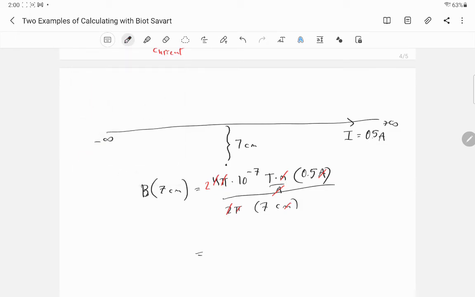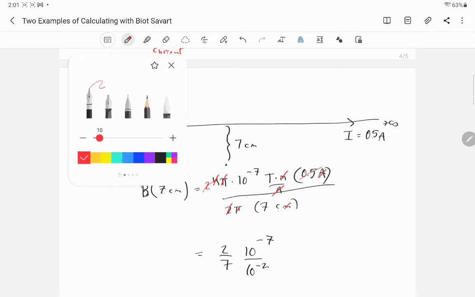So let's collect together all the things that didn't go away. So we got a 2 divided by a 7. I got a 10 to the minus 7. And then we have a centi, which is a 10 to the minus 2, right? That's the centi. And then there's, oh shoot, the 0.5 and that 2. The 0.5 and the 2 cancel. So let me get rid of the 2 down here.